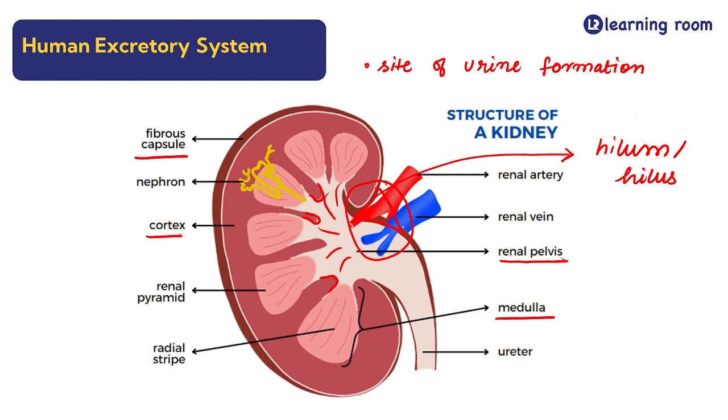The cortex is the outer dark red region, and it is covered and protected by the fibrous capsule. The medulla is the inner pale red region, and it contains the structures called renal pyramids. These conical shaped masses can also be called the medullary pyramids.